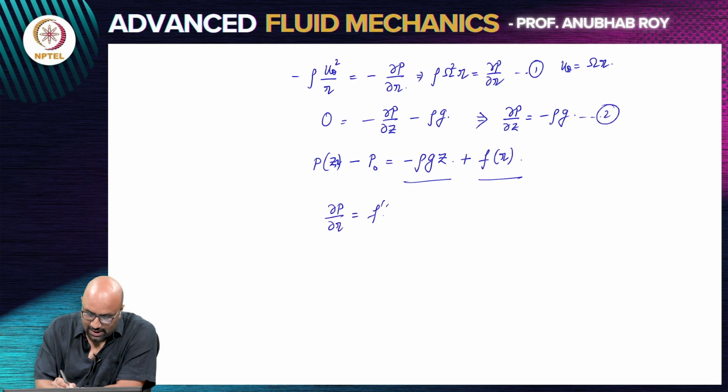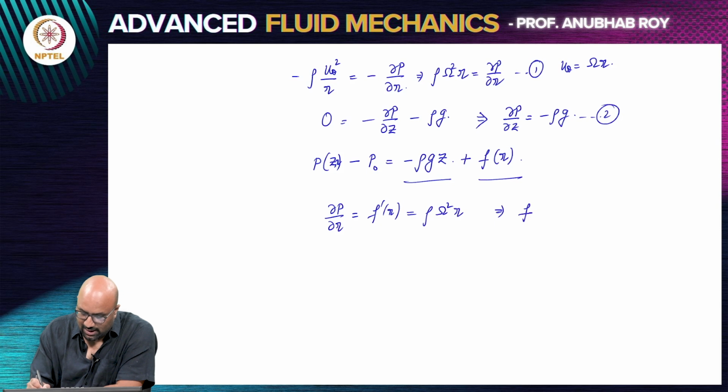is f dash r, which is rho omega square r. So, if I integrate this, I have f of r is equal to rho omega square r square by 2. I can add a constant here, but there is already a constant that is there in P0.